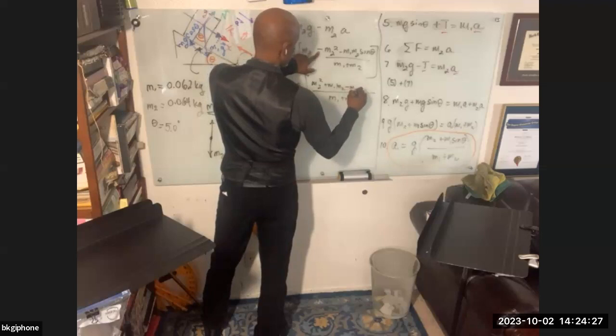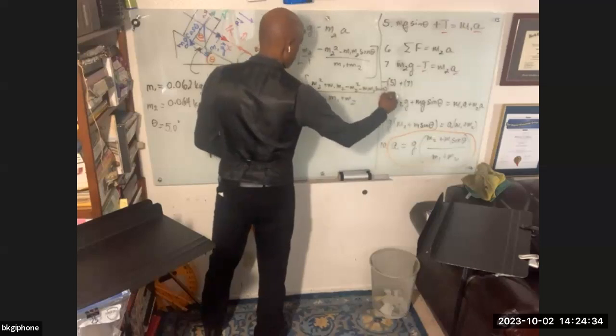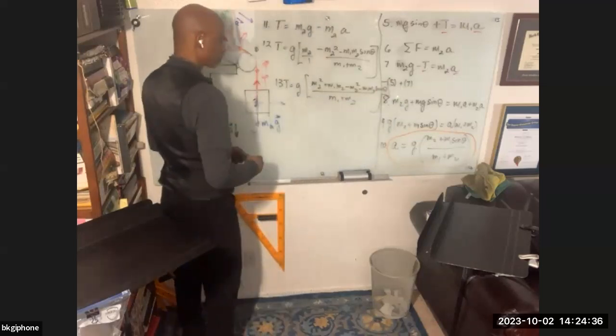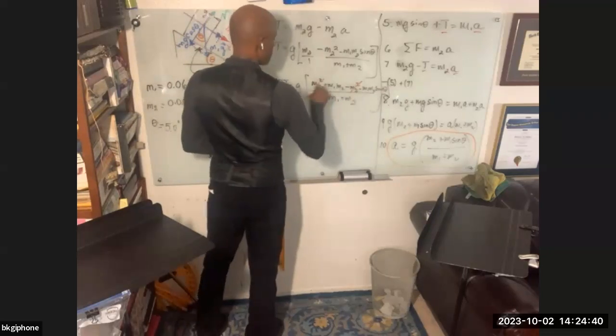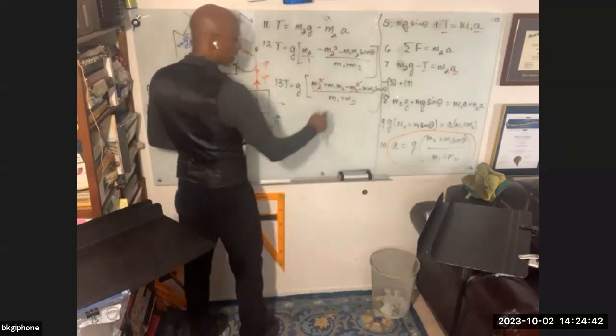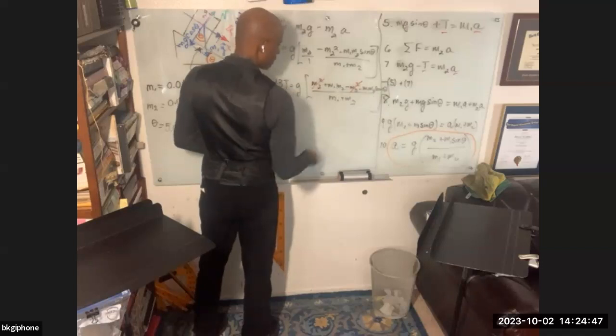Then minus M2 squared, then minus M1 M2 sine of theta. These guys cancel. I can factor out an M1 M2 from this term and this term.